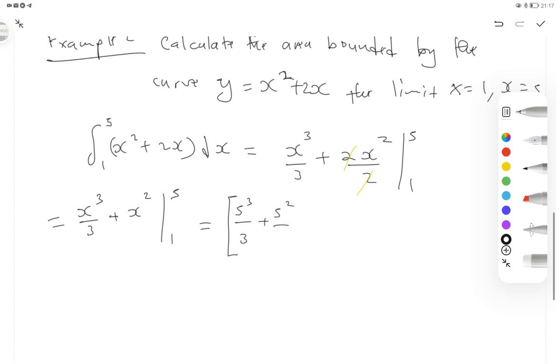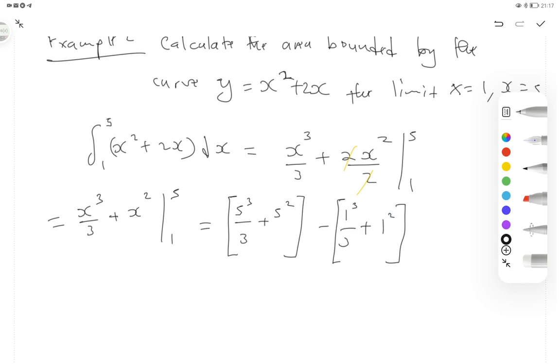There's no division for that one because there's no fraction in that term. Minus, here x is 1, so it will be 1 power 3 divided by 3 plus 1 squared, which is still 1. Okay, let's continue with that one.